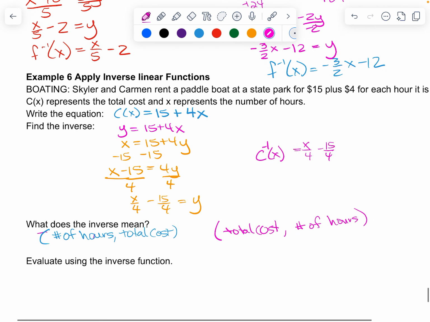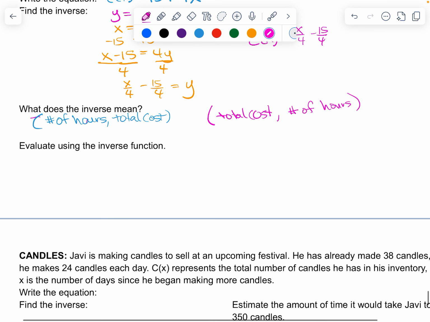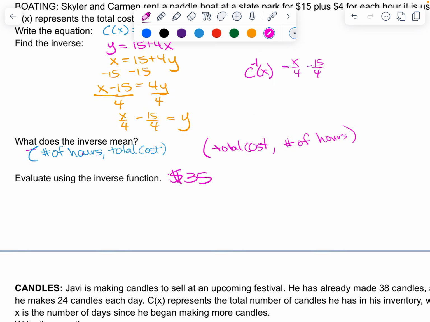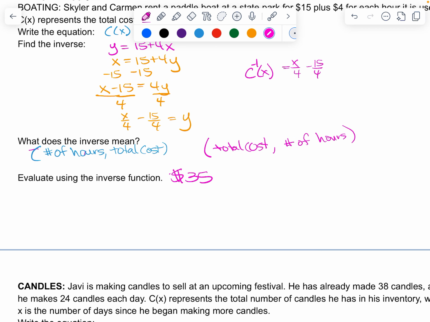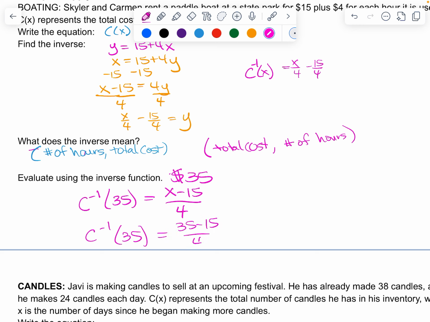I forgot to put this part in. It wants to know: if you have $35, how many hours can you do this for? So I'm going to plug that in. The inverse of 35 is equal to 35 minus 15 over 4.